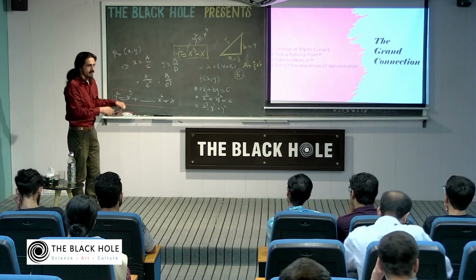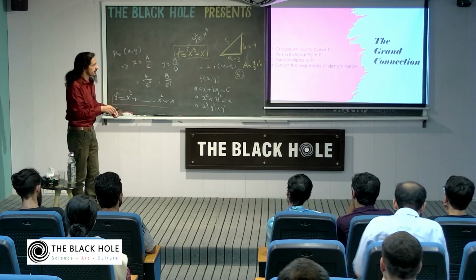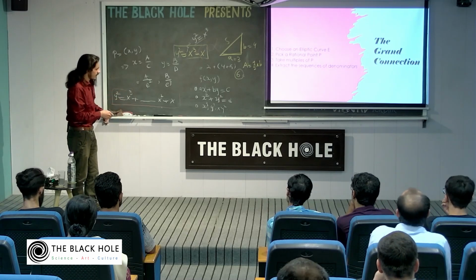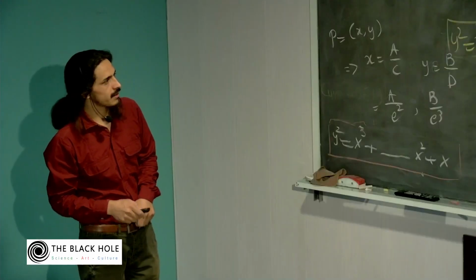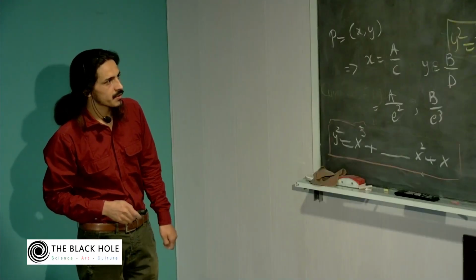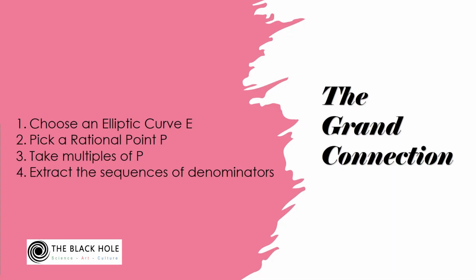So to this point, I tried to explain all the ingredients necessary for the hunting process, or whatever you call it. So the grand connection is finally here. What we do is we choose an elliptic curve, let's call it E, and pick a rational point. By the way, there is no algorithm which gives you rational points on these elliptic curves.